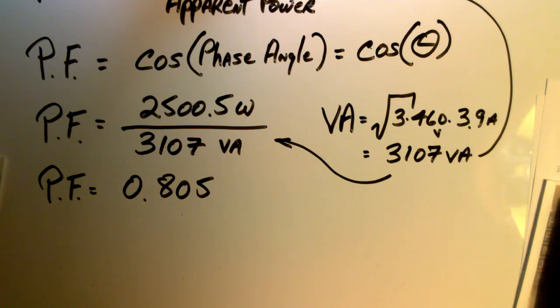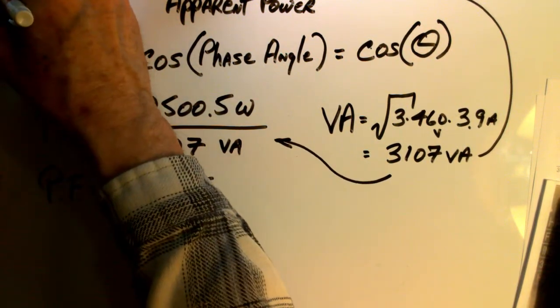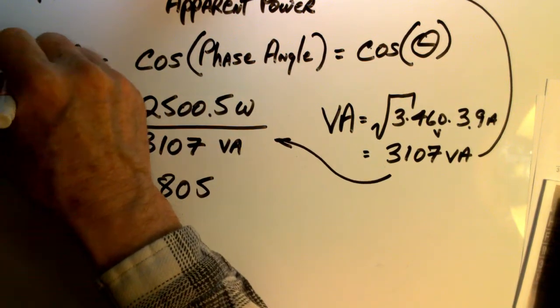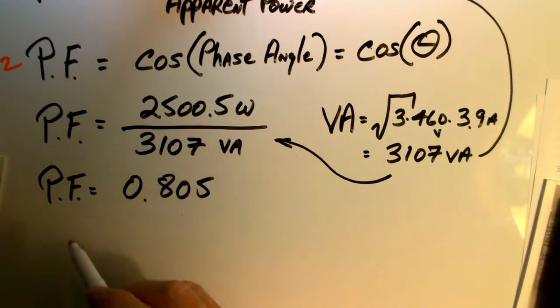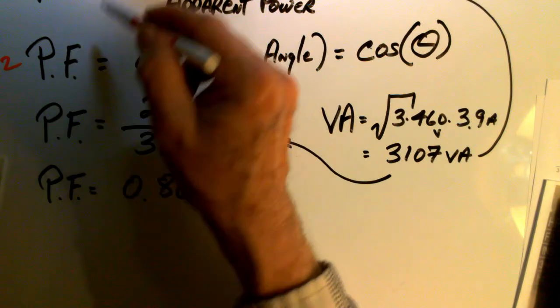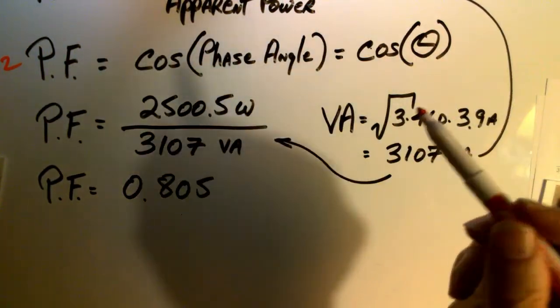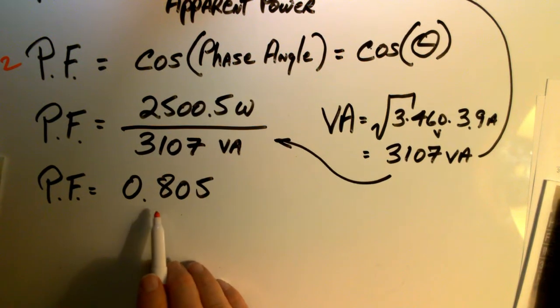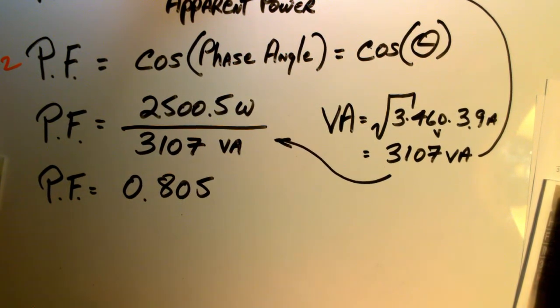All right, so there's number 1, number 2. And so I've got two relationships for power factor. So we now know that power factor is equal to 0.805, and that is a good number for trigonometry.